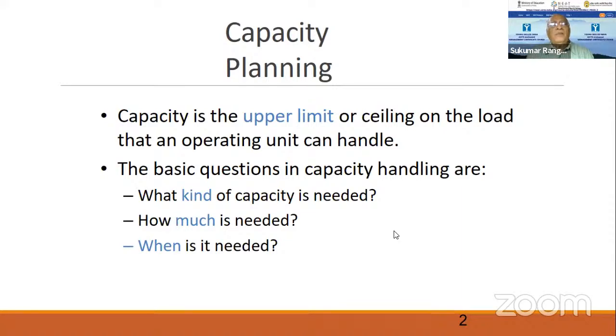Similarly, for any product which is seasonal, cyclical, sporadic, your planning will depend upon how customers need, when they need, and where they need.